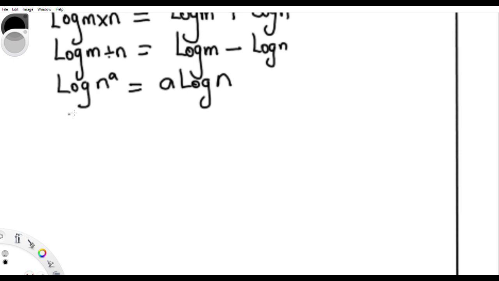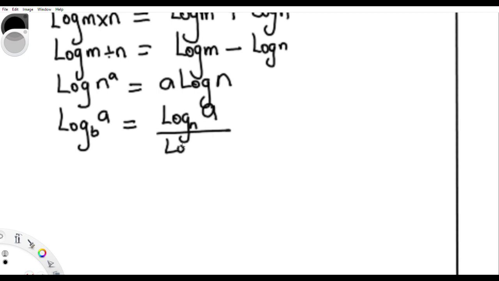We also have log a base b to be, if we bring it into a common base, log a base n all over log b base n. And this is very useful for those that have calculator that cannot put a value for the base.